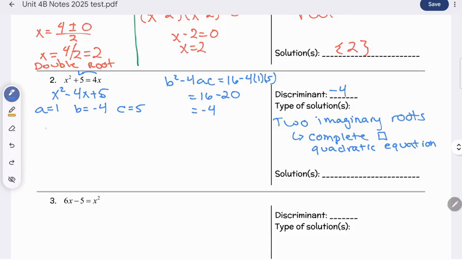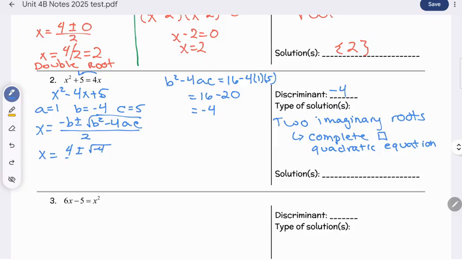All right, so we've got x is equal to negative b plus or minus the square root of b squared minus 4ac all over 2a. This is going to give me x is equal to negative of negative 4. It's going to be 4 plus or minus. We already found out that b squared minus 4ac is negative 4.